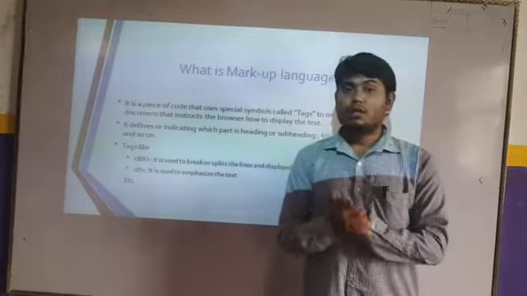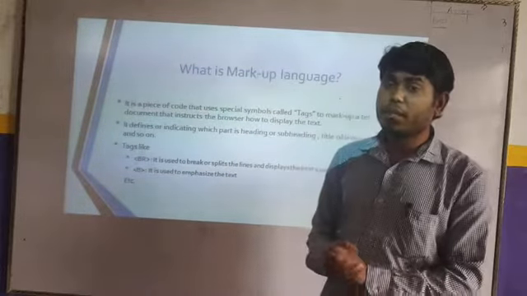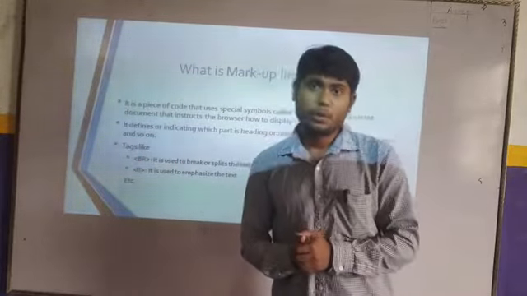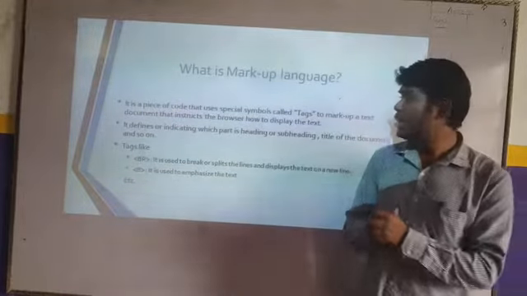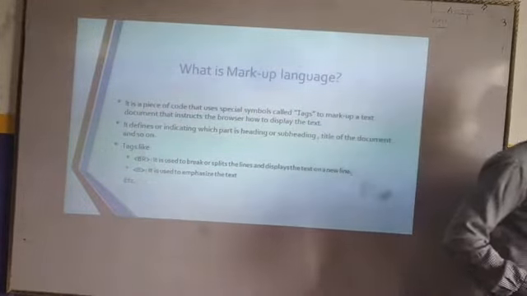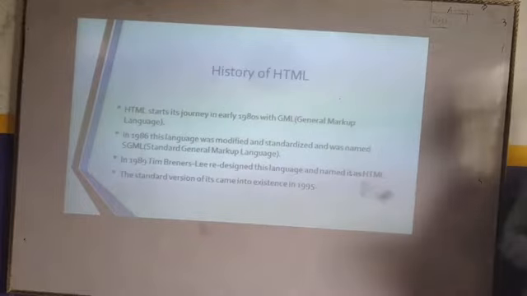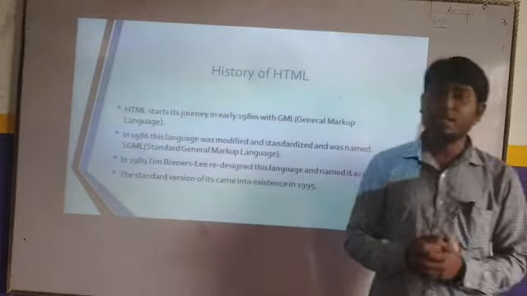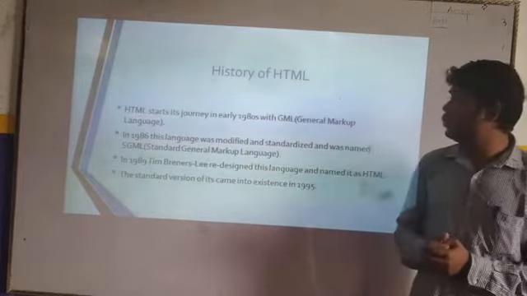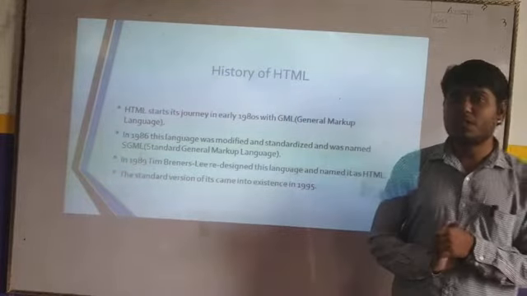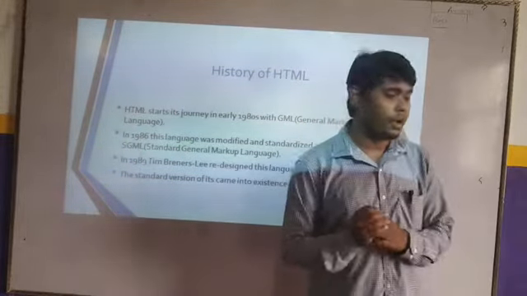So our next topic is the history of HTML. So what is this history? HTML started its journey in the early 1980s with GML. Now what is the meaning of GML? That was the General Markup Language.